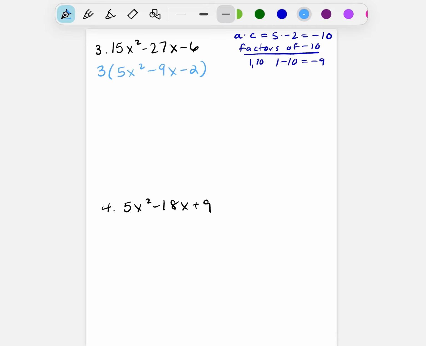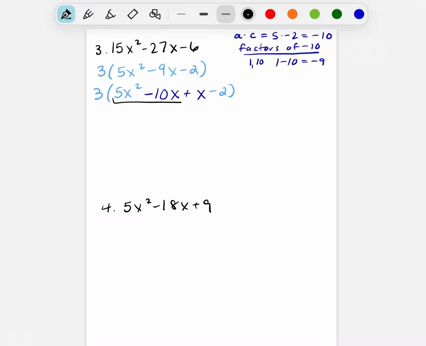So I'm going to keep my 3 out front, keep my 5x squared, but negative 9x is going to turn into a negative 10x plus x. Negative 10x plus x, if I combined those, that would indeed be negative 9. And I'm going to have a negative 2 in the back. If I factor by grouping here, grouping those and grouping those, I want to keep my 3 out front.